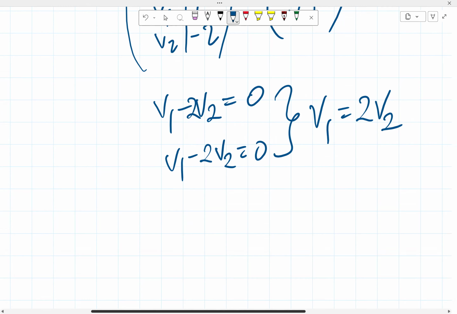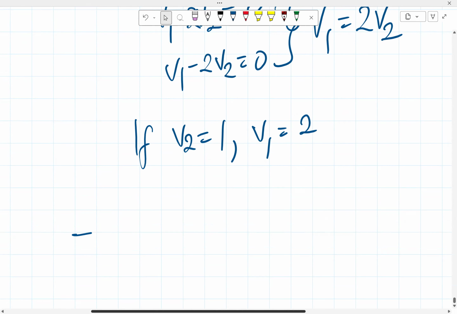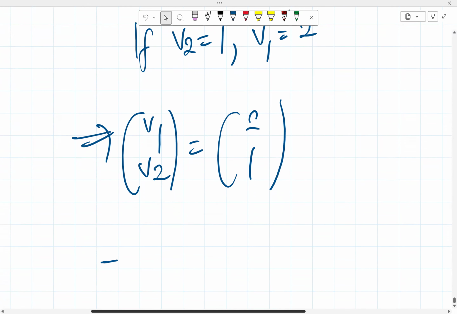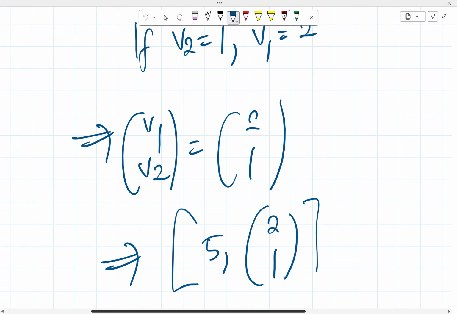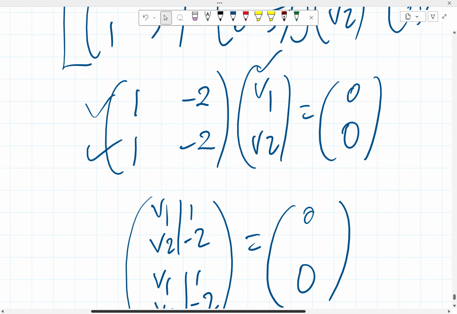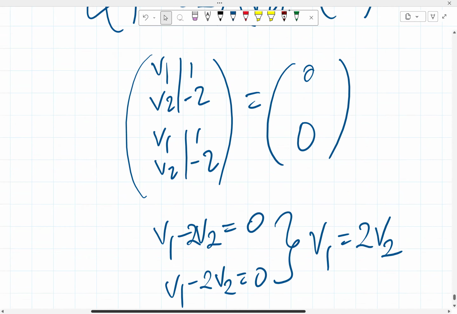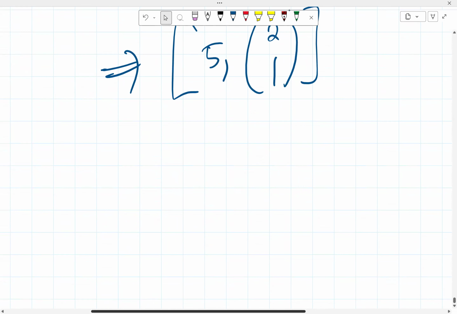This implies that v1, v2 is in the ratio 2 to 1. That simply means that for eigenvalue 5, we have the eigenvector 2, 1. So interestingly, we have 4 with 1, 1, and then 5 with 2, 1.